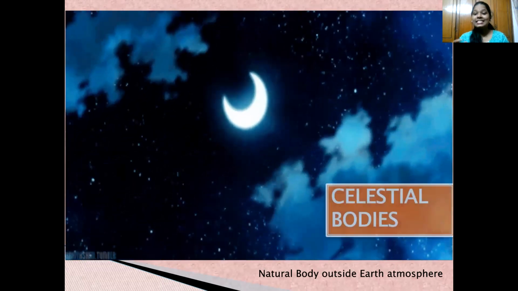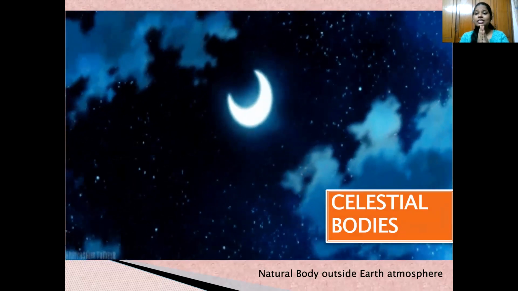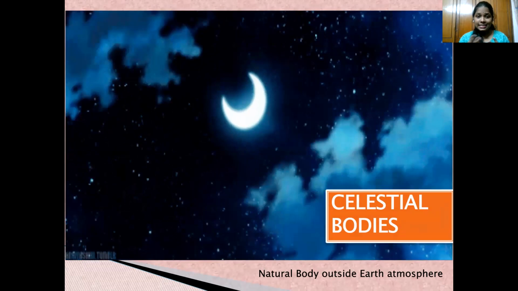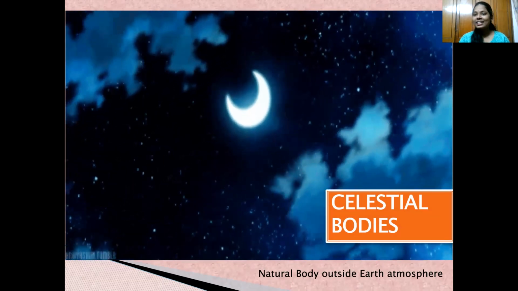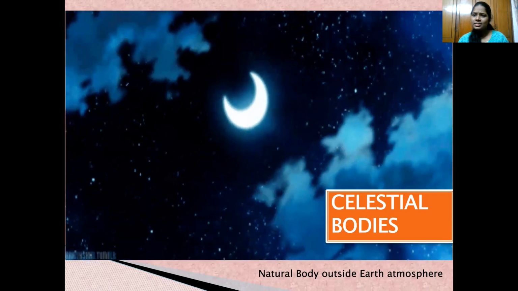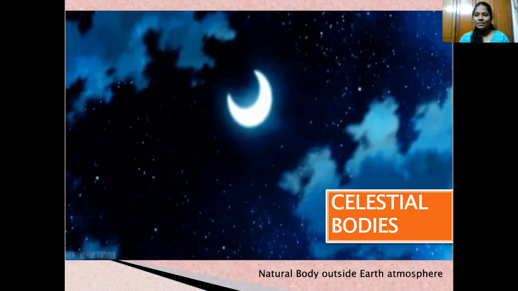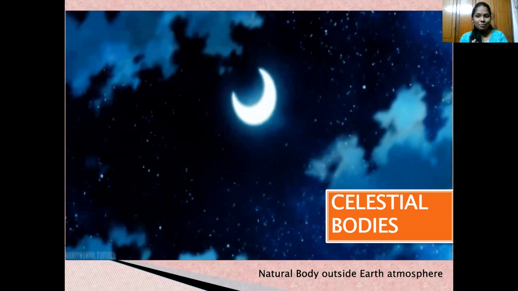All these are celestial bodies. Celestial bodies are the natural bodies which we find in space, like the stars we see at night, the moon, the sun, and the other planets. Oh, are all these terms new for you, like planet, right? So we will study all these terms, all the celestial bodies, one by one.